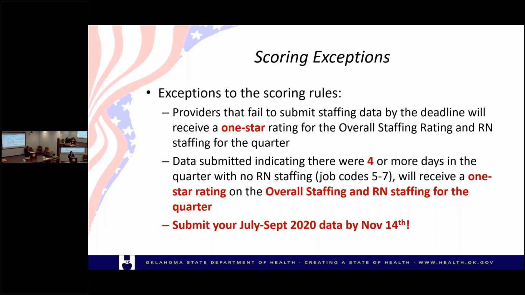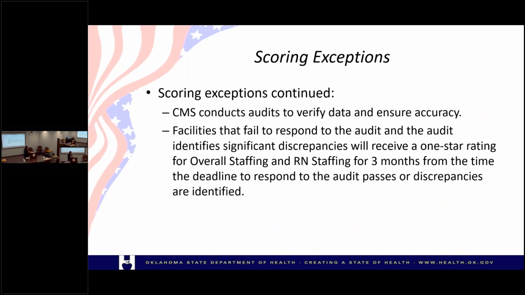The staffing data is probably going to be suppressed because of that COVID non-reporting, and the ratings are just going to show not available until we get caught up on all of these measures. So again, CMS can audit records. They can look at payroll records to verify the accuracy. It's much better than what it was when it was submitted on that form.